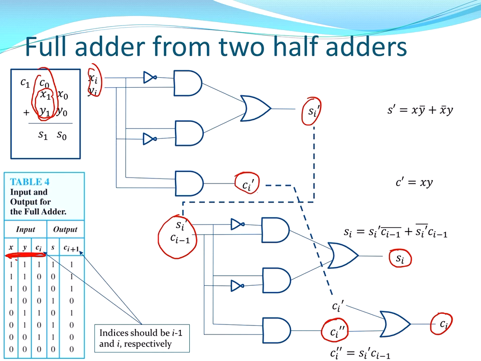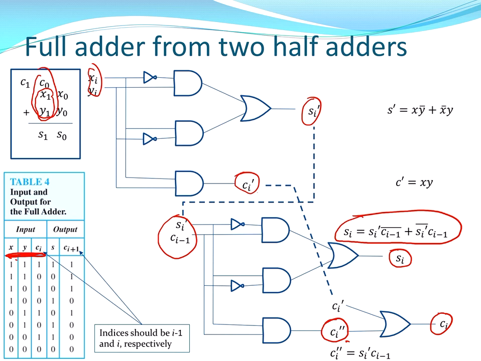So these 2 half adders will implement the full adder, and we can see that we get these functions for our sum digit, and the carry digit is the sum of ci prime plus ci double prime.